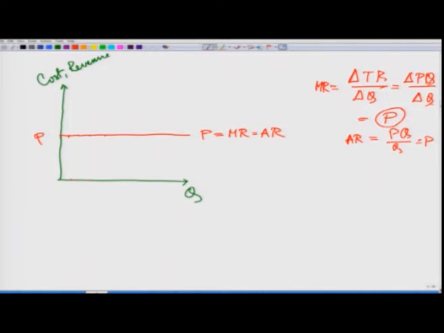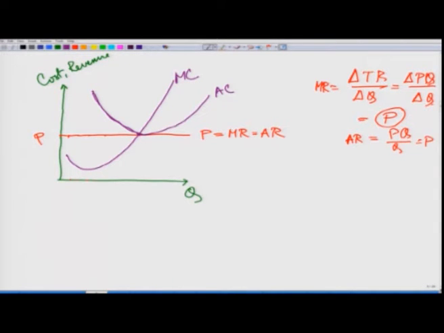At the same time, when we estimate the marginal cost and average cost, if you remember, my marginal cost is something like that, and this marginal cost curve passes through the bottommost point of the average cost curve, isn't it? To the minimum point of the average cost curve.